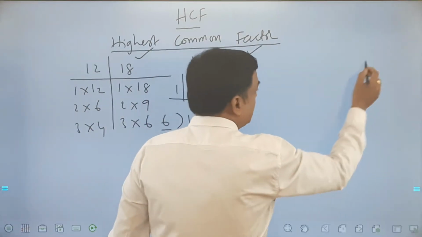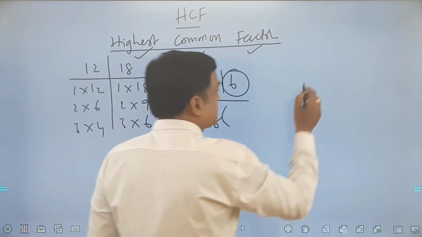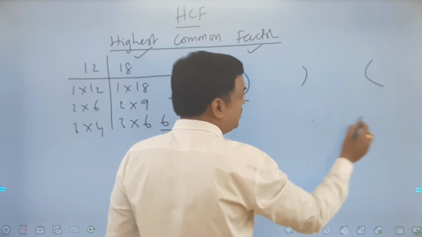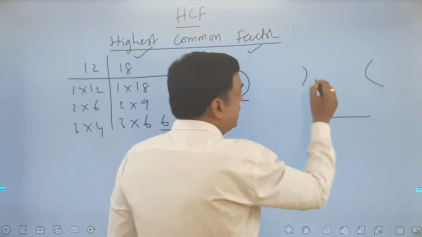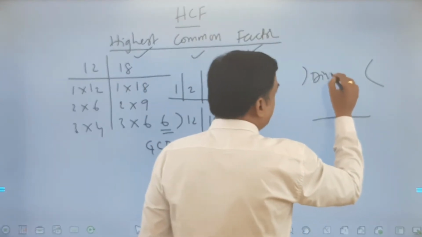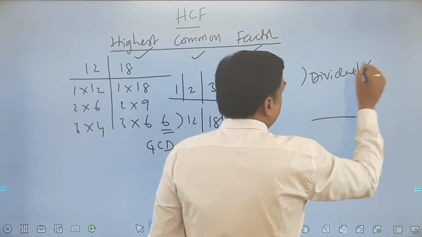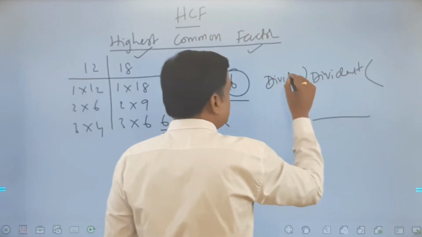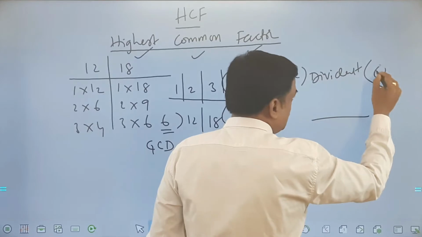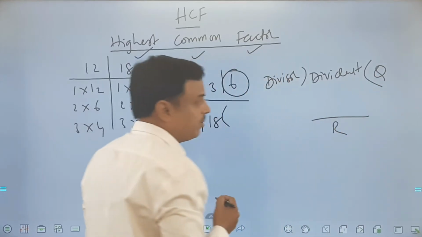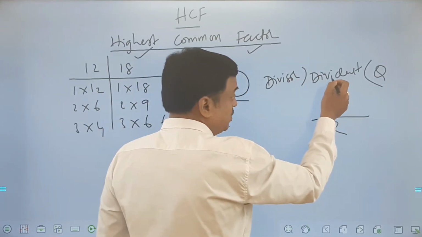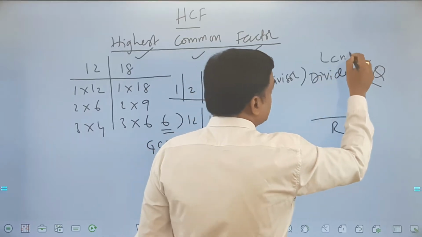So if you observe, we all know the division that we normally do. This is called the dividend. This is called the divisor position. This is the quotient and this is called the remainder. The dividend position is always LCM.